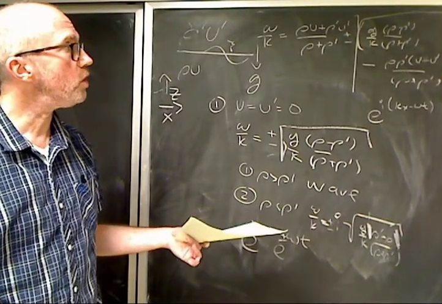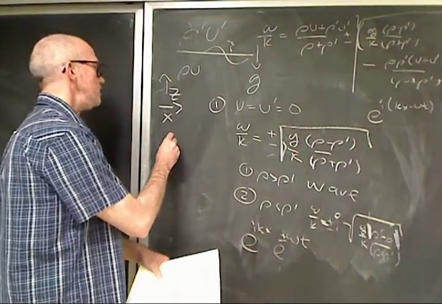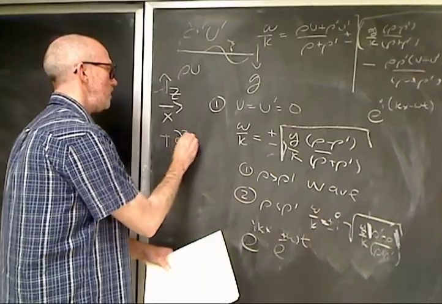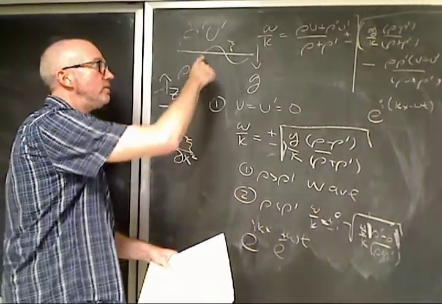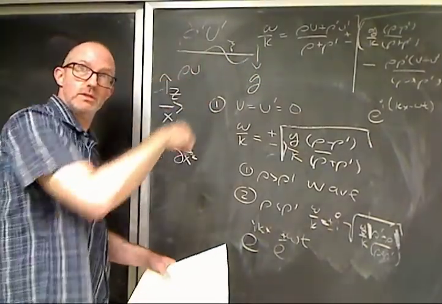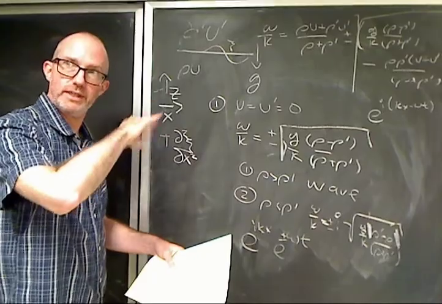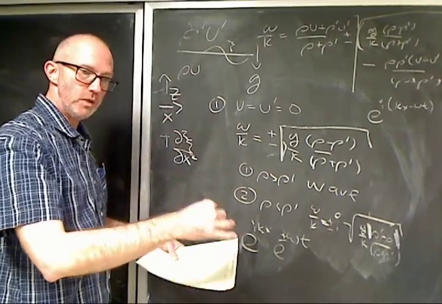Now for the homework, what you do is you add a surface tension that looks like T, which is just some number, times d c squared dx squared. So this is the second derivative of the interface. That's the curvature of the interface, and the curvature is what gives you the surface tension.